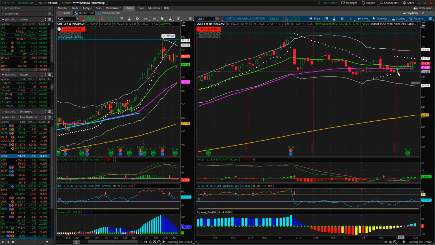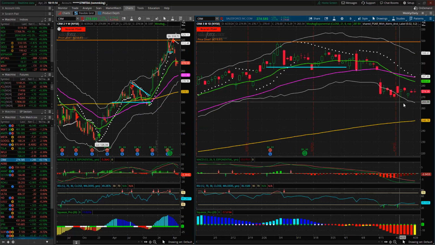So I've had this thing on for a while, since this hammer back here, but otherwise this trade is just moving sideways and it's just making nice little profits as we go. So I do like Costco. I would consider putting on a put credit spread here in Costco if you don't have anything on. So I like Costco. All these charts are going to look the same.